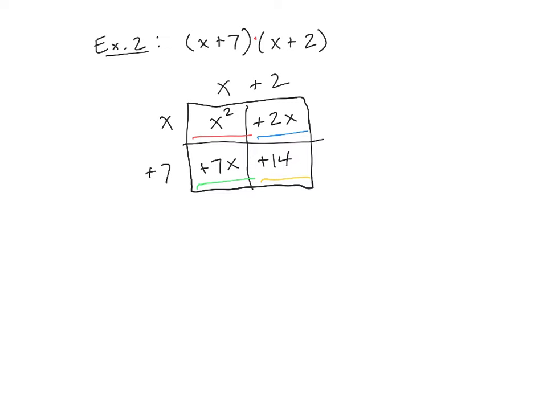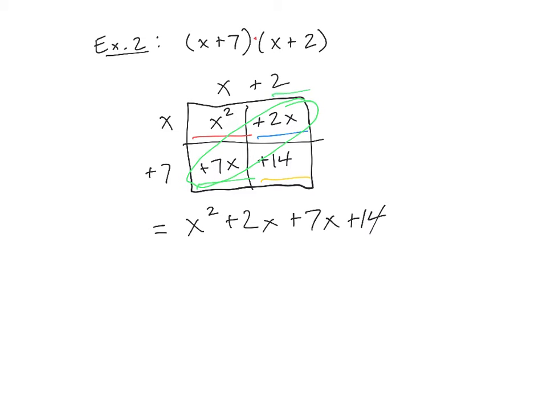Then when I go to add up all my boxes, I'd have x squared plus 2x plus 7x plus 14. The only thing I have left to do after that is to combine my like term in the middle here. You're going to notice a lot of times on this diagonal, that's where you're going to have the like term, because the x squared and the 14 are not going to combine.